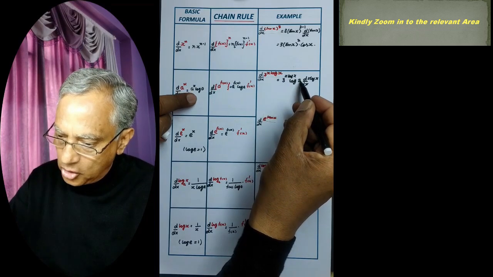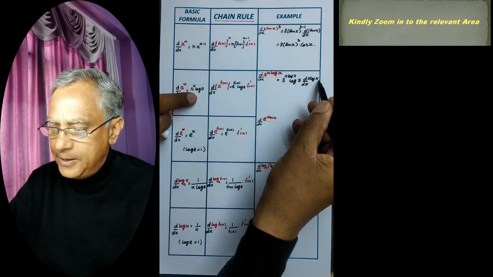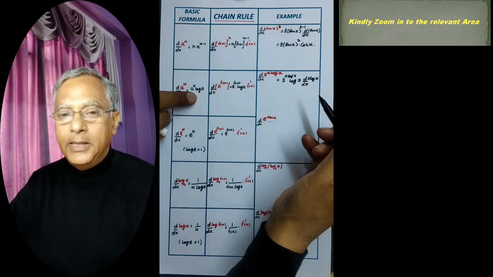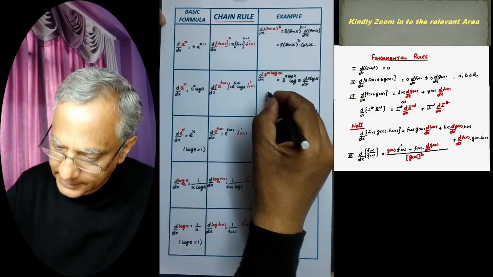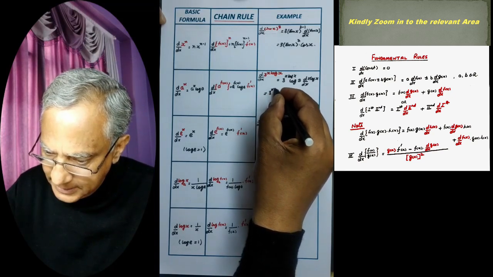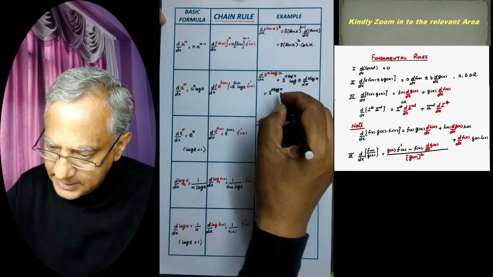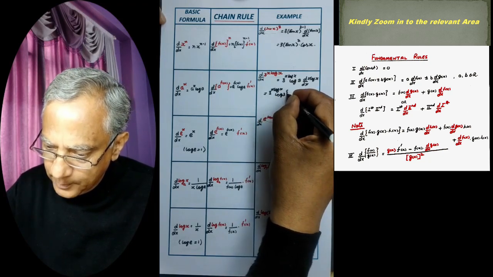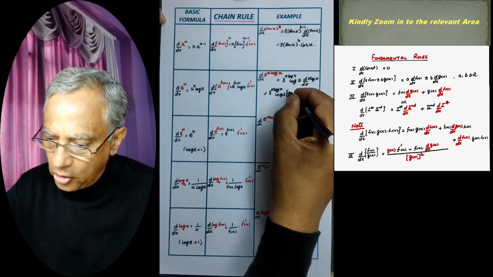This is this into log 3 into d by dx of x log x. So this will be the result, and this is equal to 3 to the power of x log x into log 3 into d by dx of x log x.